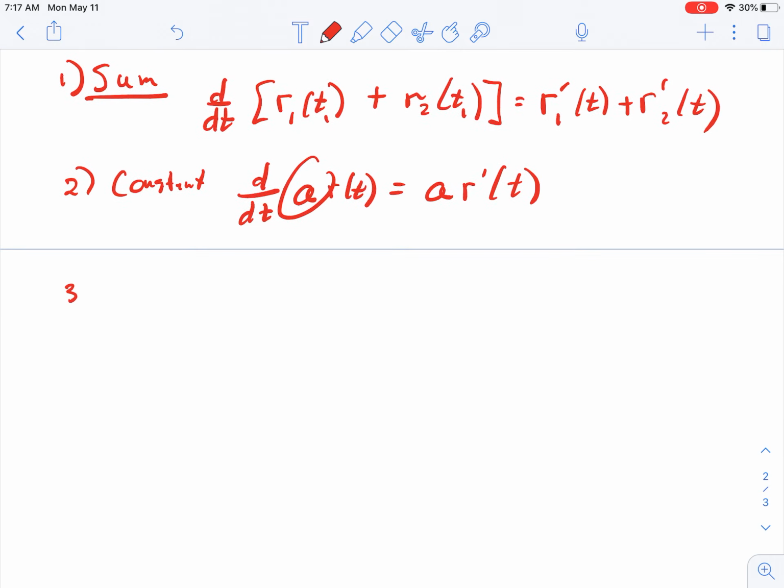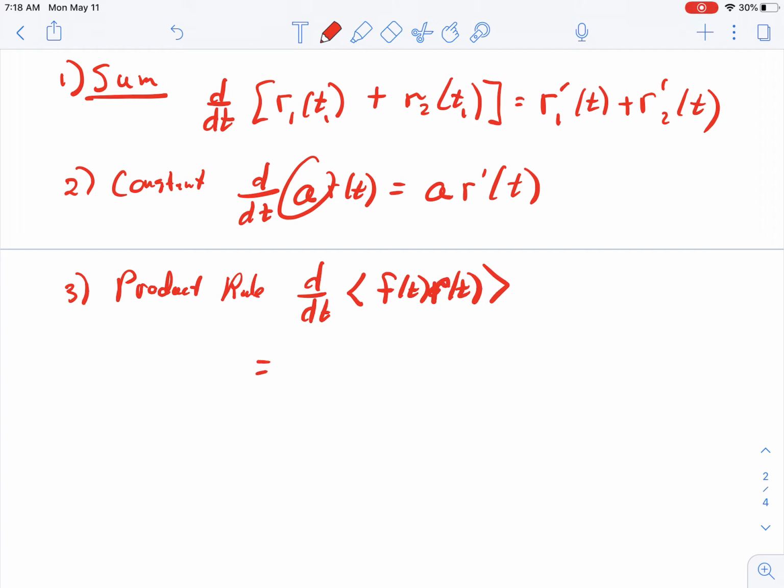Okay, product rule. If you have d/dt of, and let's put two functions together here, f(t) times r(t), it's the same thing.